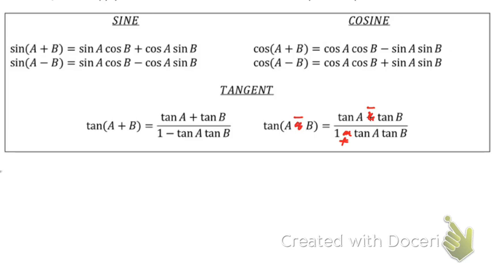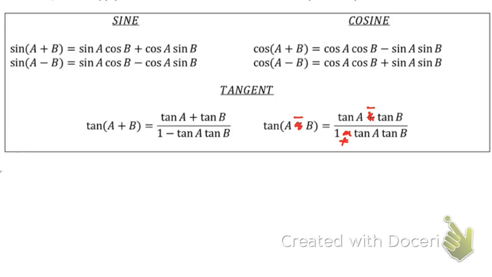The order doesn't necessarily matter. When you subtract, you just throw a subtraction sign between the exact same thing. For cosine, both your equations are the exact same, except when I'm adding the angles, I subtract on the other side. When I'm subtracting the angles, I add on the other side.